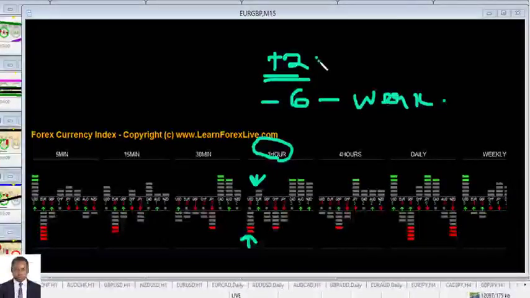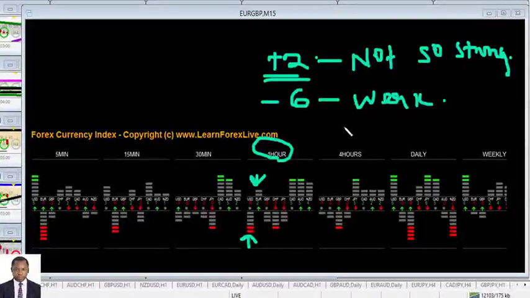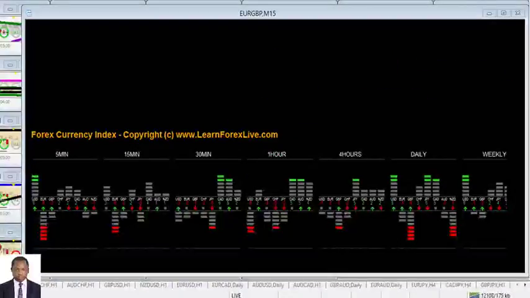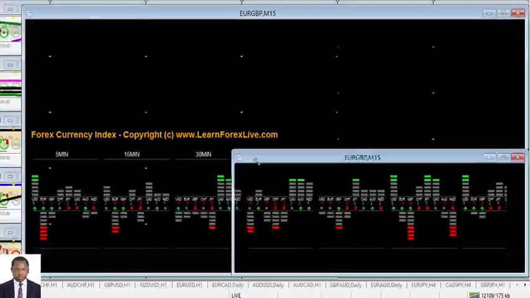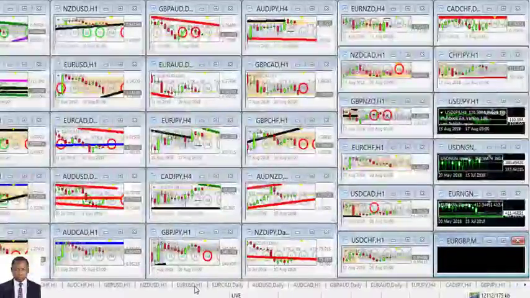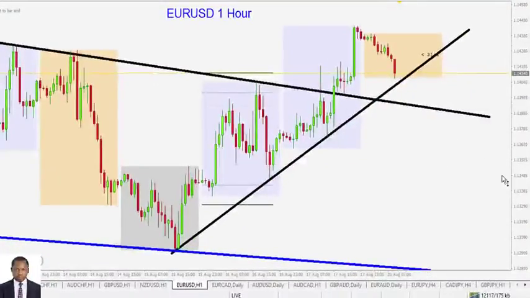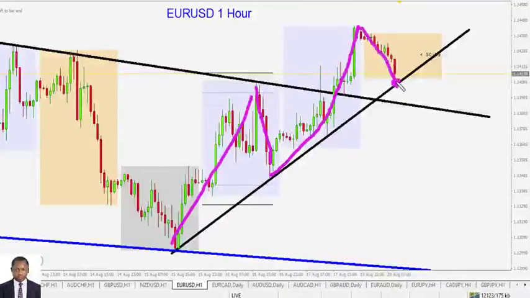It's weak, but this is not so strong yet, but you really do not want to go short in the 1 hour time frame. Okay, so in the 1 hour time frame, you can see the American dollar is stronger. That is why we're having that trend.